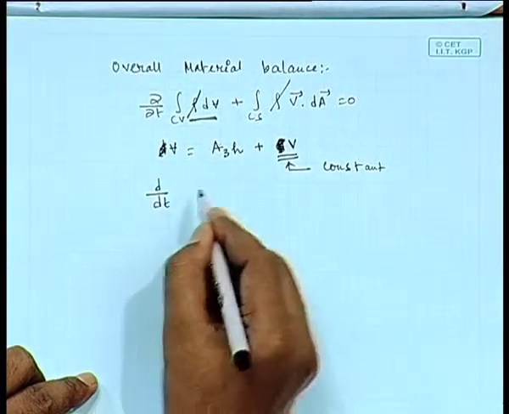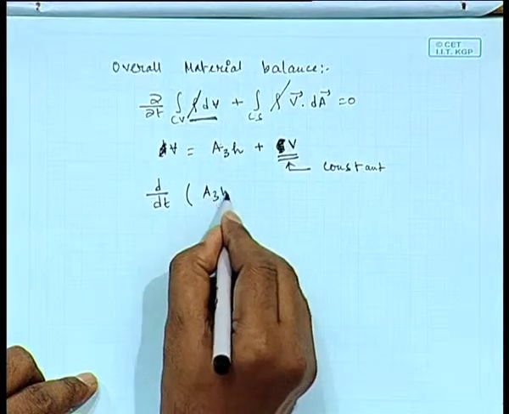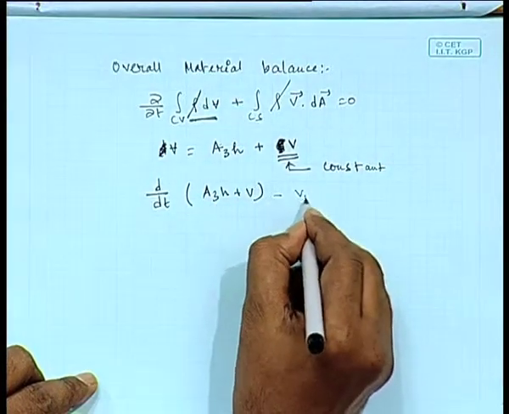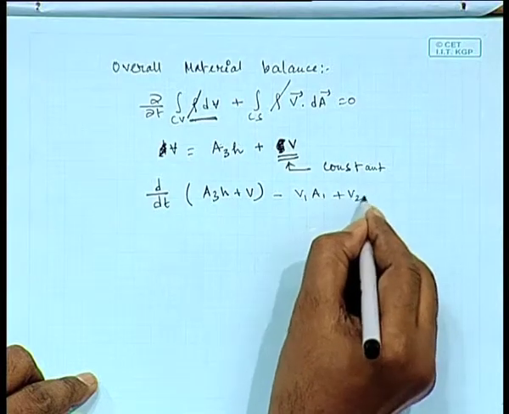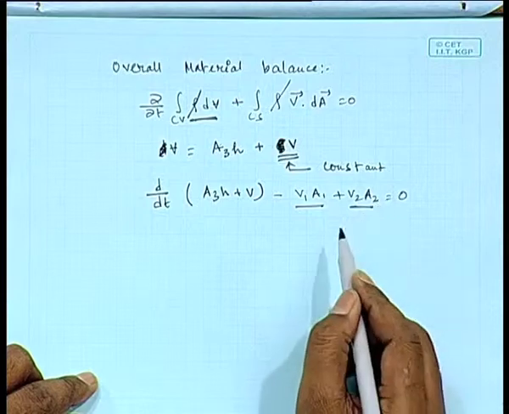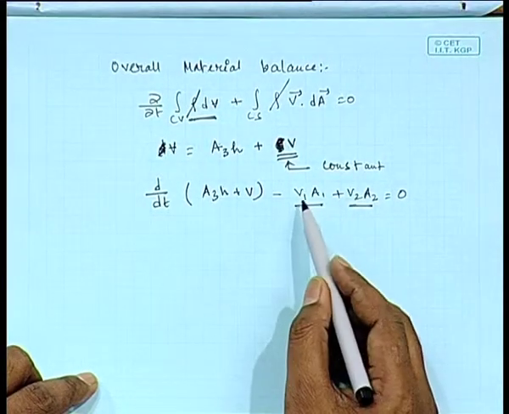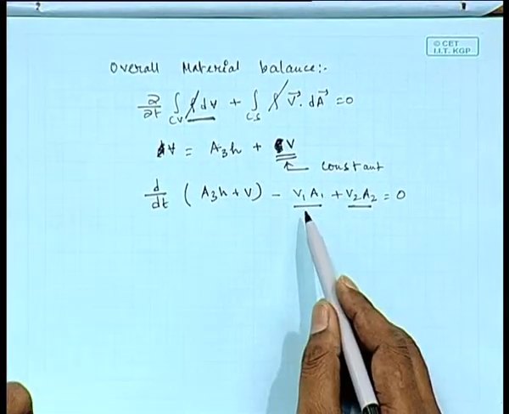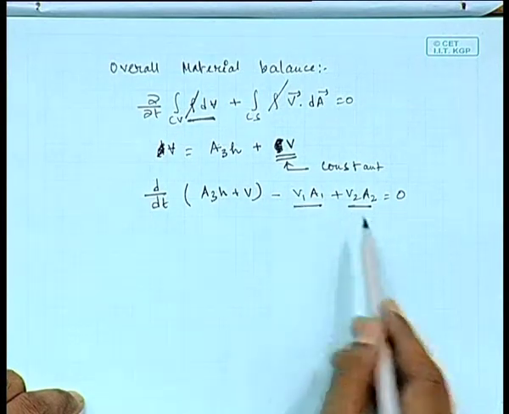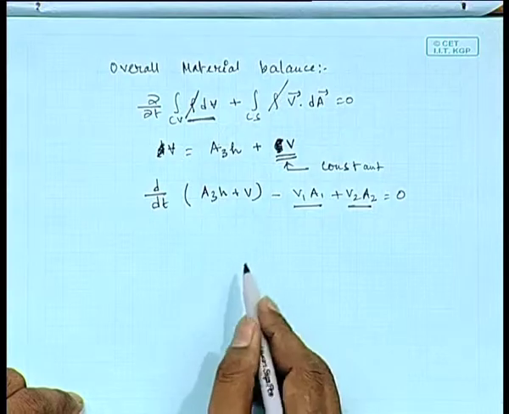So, it will be basically d/dt of A3H plus V will be minus V1 A1 plus V2 A2. This is total mass in, total mass out. The in one is negative because the area vector and the velocity vector will be in the opposite direction.